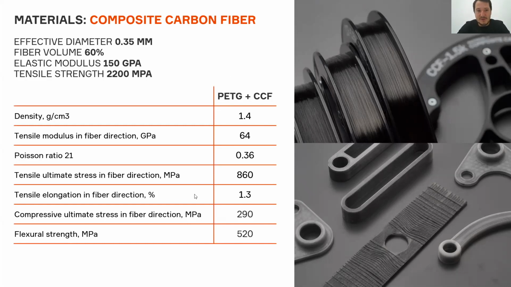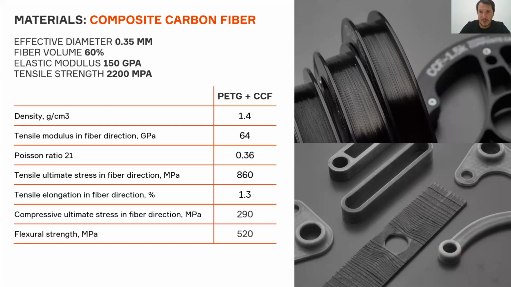So the ultimate stress in fiber direction is 860 MPa, and the tensile modulus is 64 GPa. So it's roughly 40–50% of the performance of the conventional autoclave grade composites.